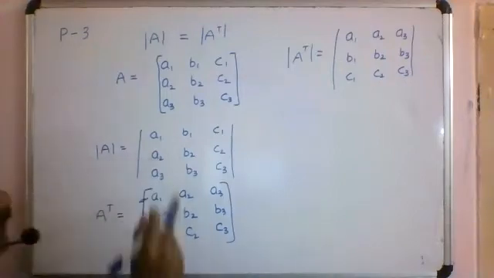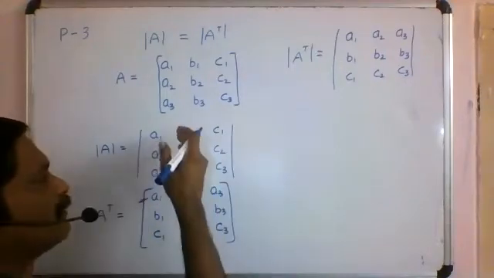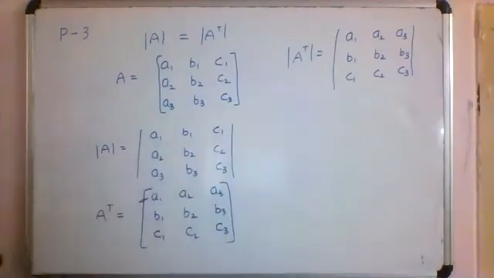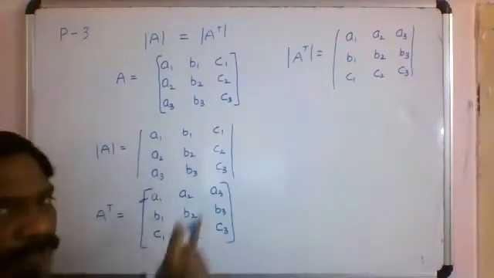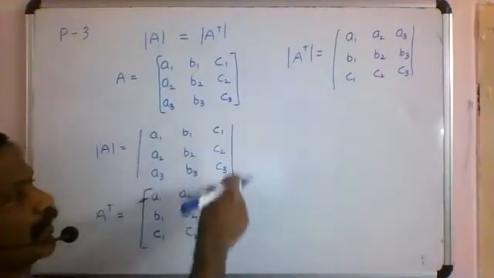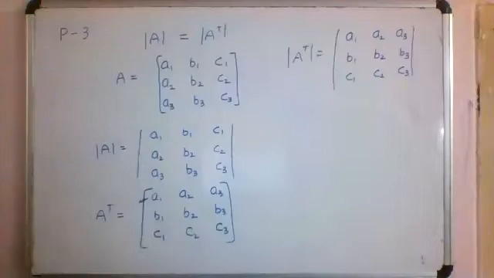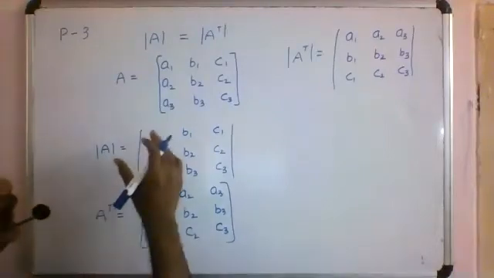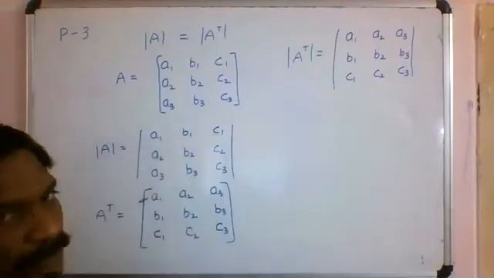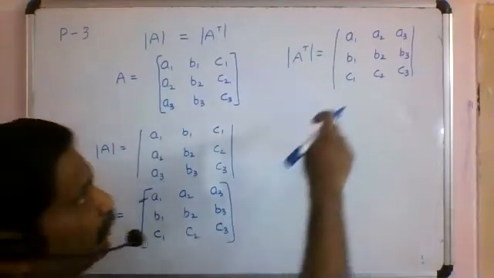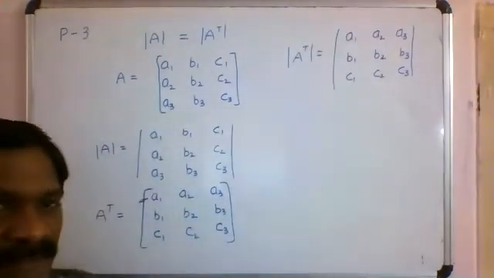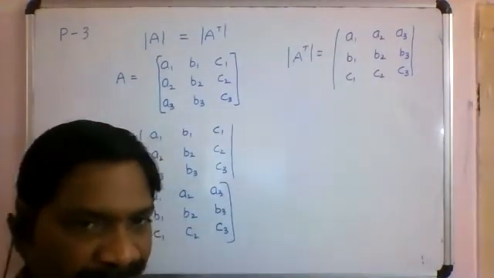Here you can expand this along the first row or second row or third row, or first column or second column or third column, right? If you expand this along the first row, you need to expand the other along the first column. So both are the same, no?